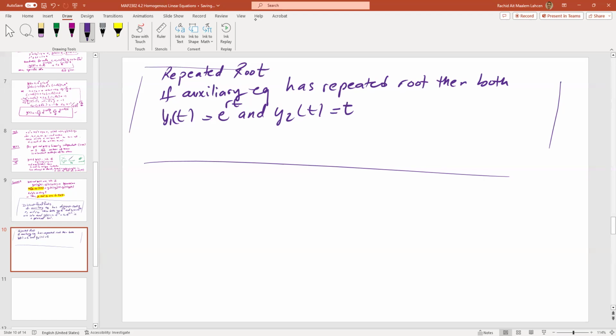So here we pick t e^(rt), and e^(rt) and t e^(rt) are solutions.